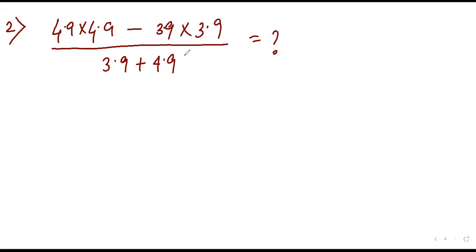Why? It will be more painful to use them right here. Why? See, the expression above the line is in the form of a square minus b square. Why a square? As 4.9 into 4.9, that is a into a, gives you a square.